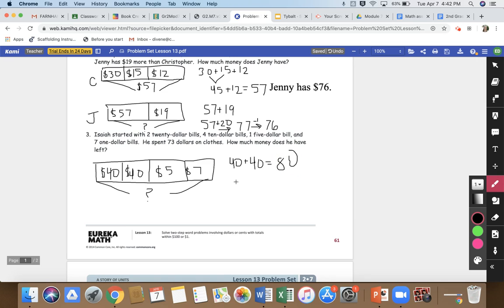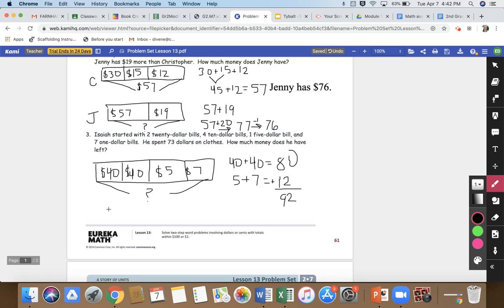And then I can add my 5 plus 7 and get that total, and then add my two totals together. So 5 plus 7 is going to give me $12. Then I can just add these two. They're nice, already stacked for me. So this is going to give me $92. So his total is $92.